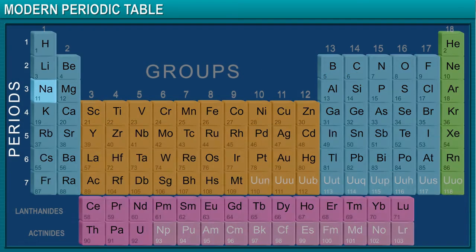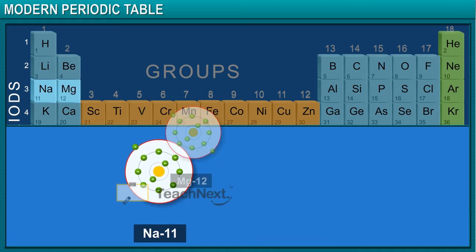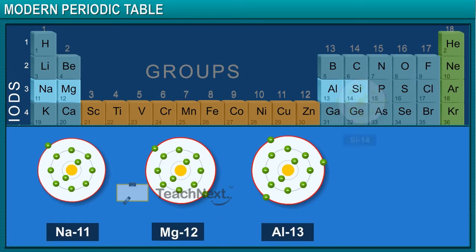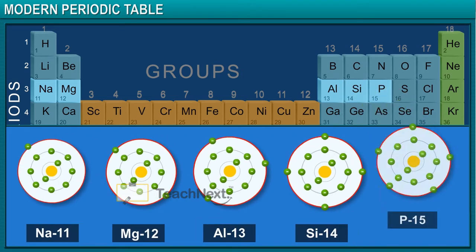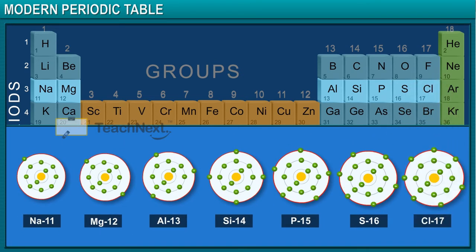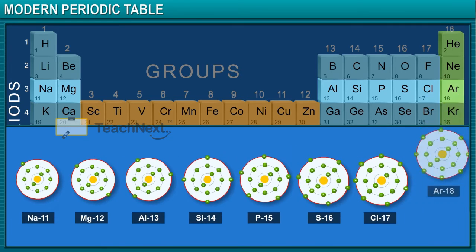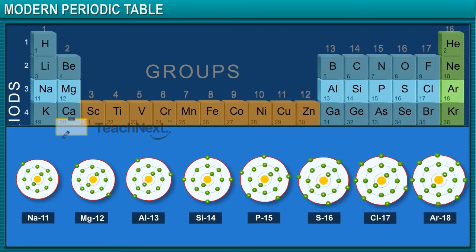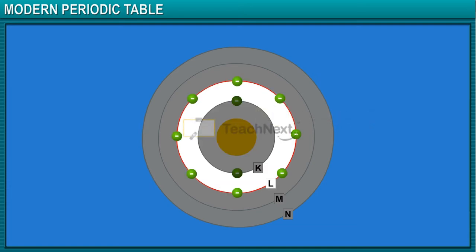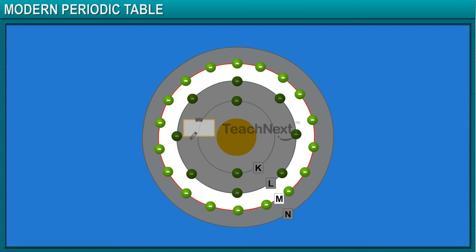For example, sodium, magnesium, aluminium, silicon, phosphorus, sulfur, chlorine, and argon belong to the third period of the modern periodic table, since the electrons in these atoms of elements are filled in the K, L, M, and N shells.